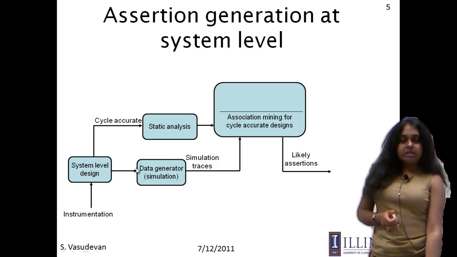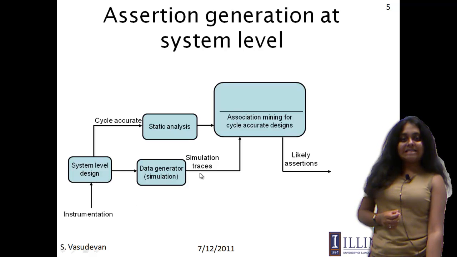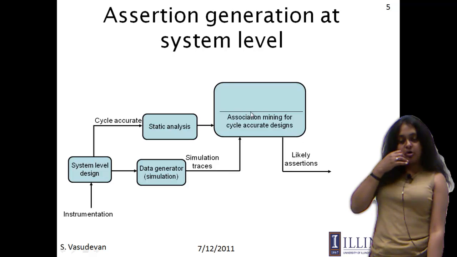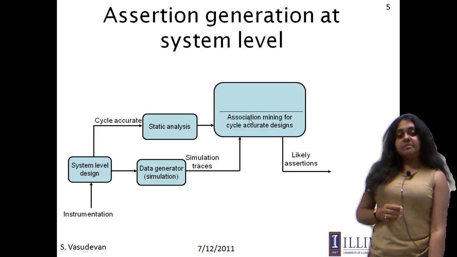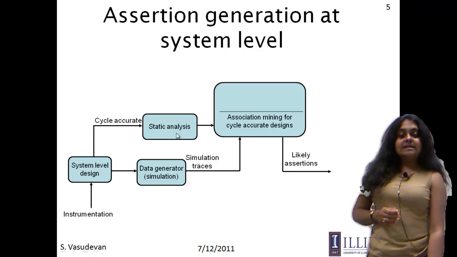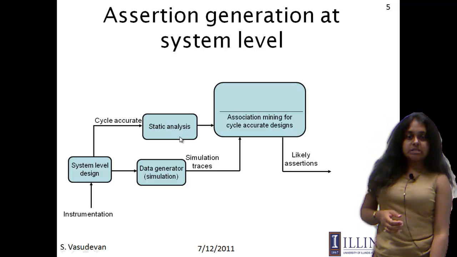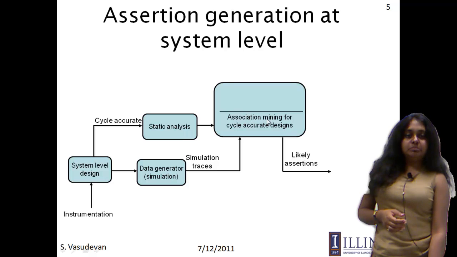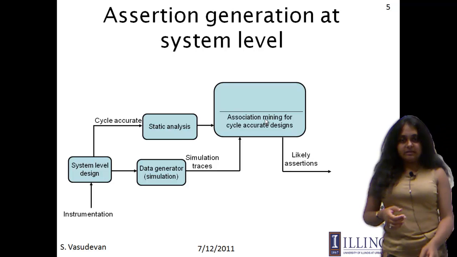Here the data generator is basically a simulator where the system level design is simulated, and the resulting traces form the data for the data mining algorithm, which, as I mentioned, is association mining. There is also some static analysis where a logic cone is inferred for the target output for which we want to generate assertions, so that the mining of associations is kept regulated to the logic cone itself.